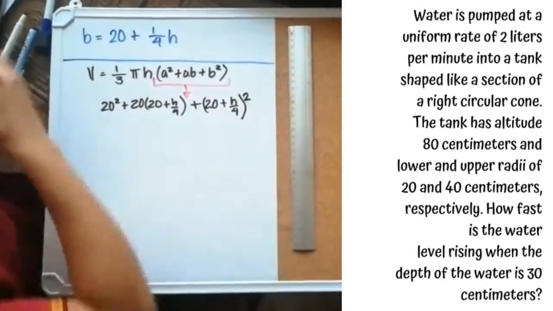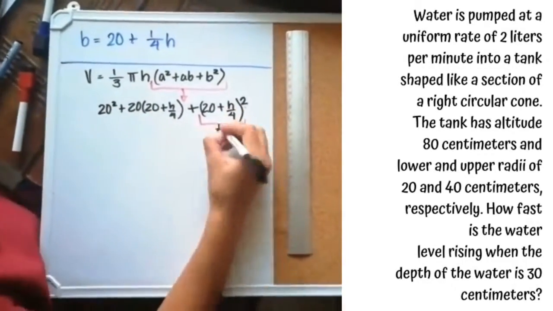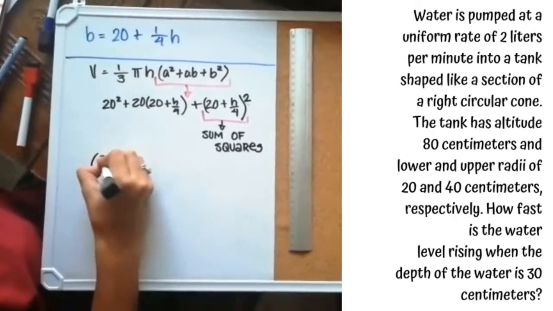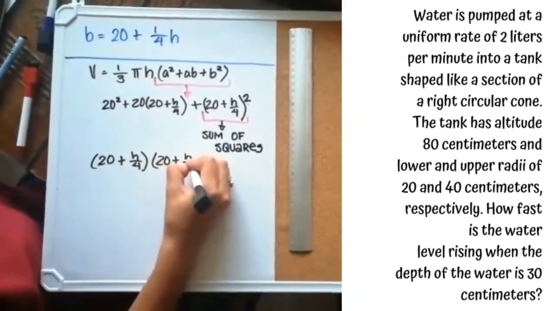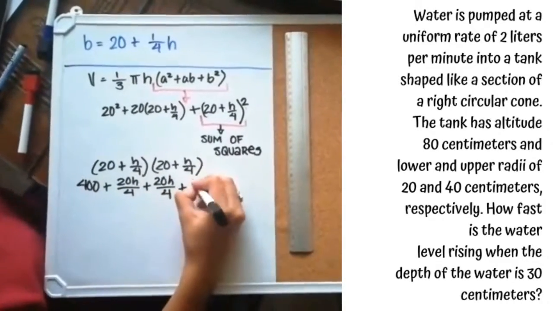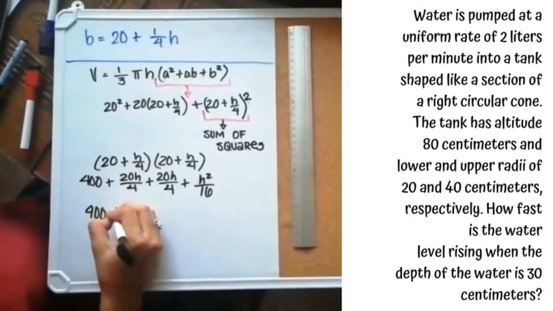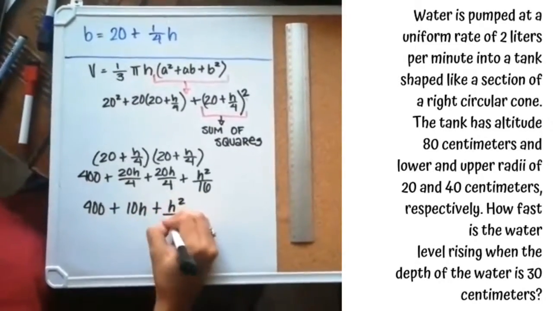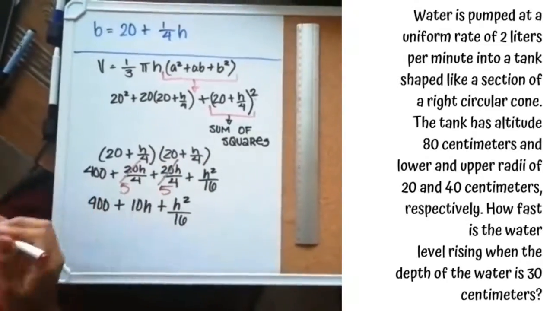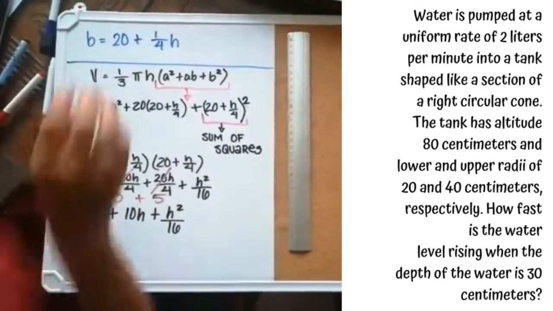So we replace the given variables: 20 squared plus 20 times (20 plus h over 4) plus (20 plus h over 4) squared. We just solve it and we have as a result 400 plus 10h plus h squared over 16.